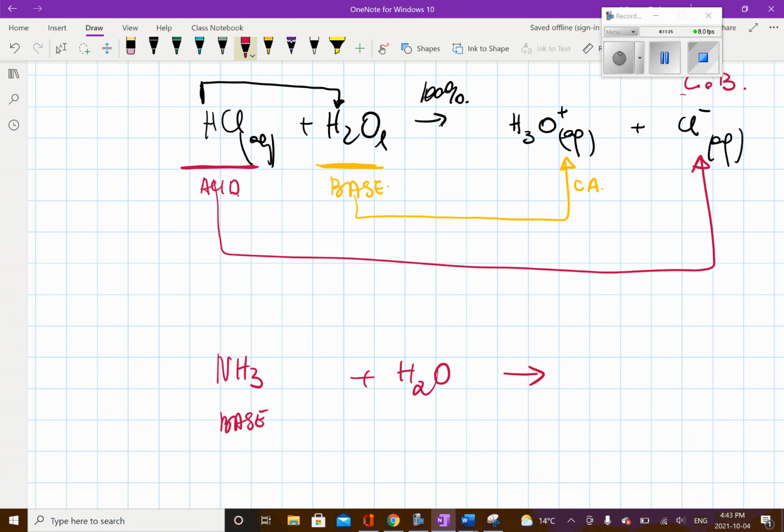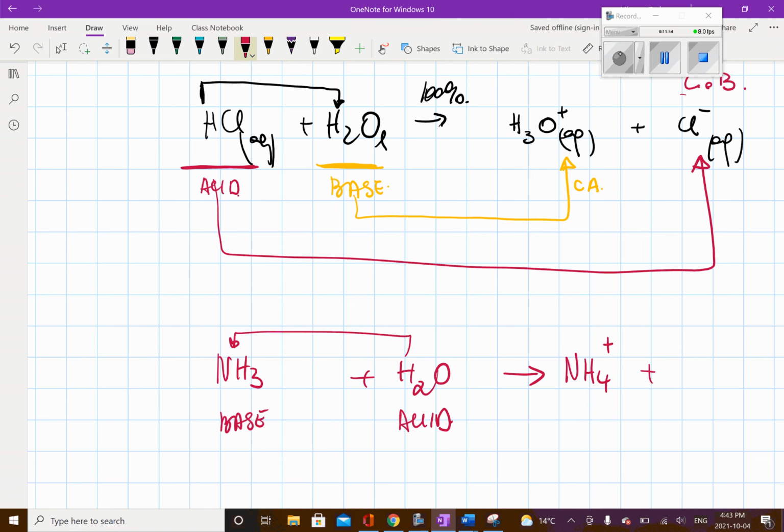Since it is a base, it is taking one hydrogen from water, which can be base and acid, and it is becoming NH4 plus. So this is the base and this is the acid, because it is donating the proton.